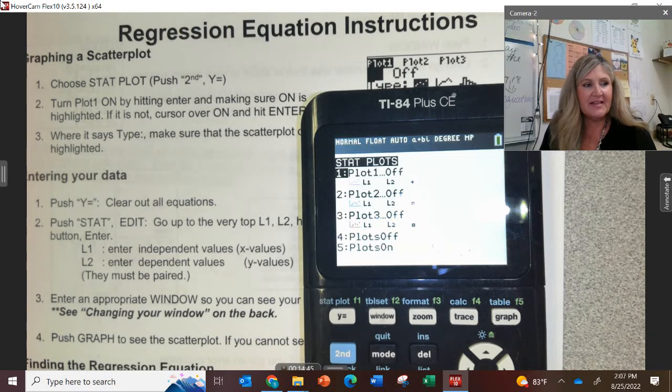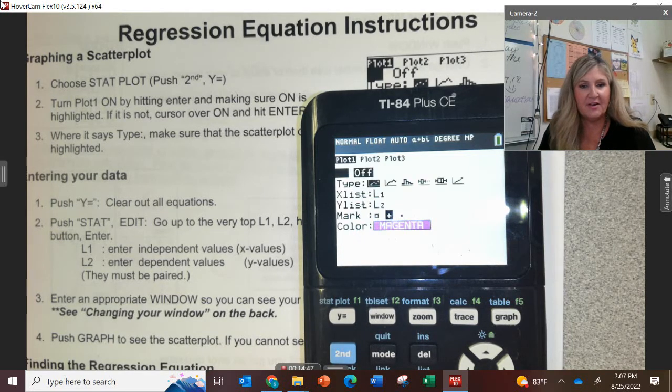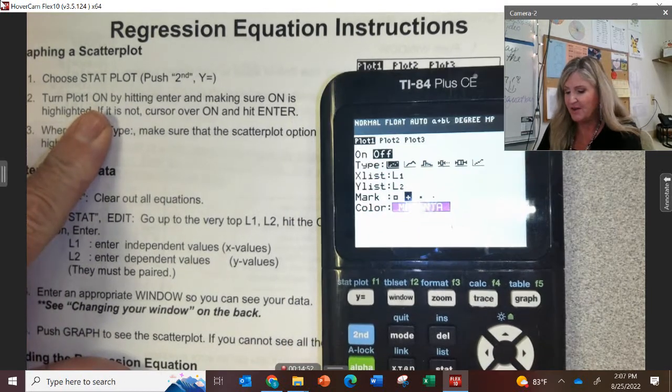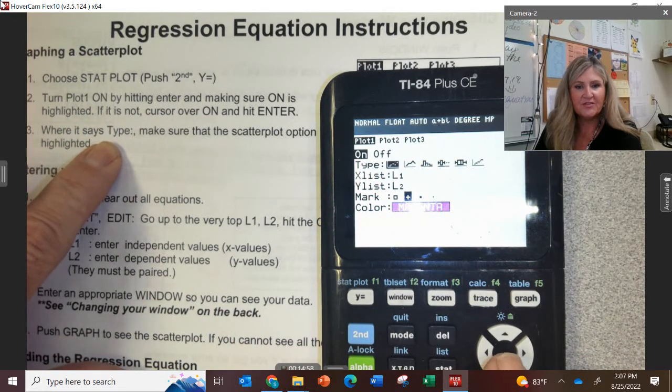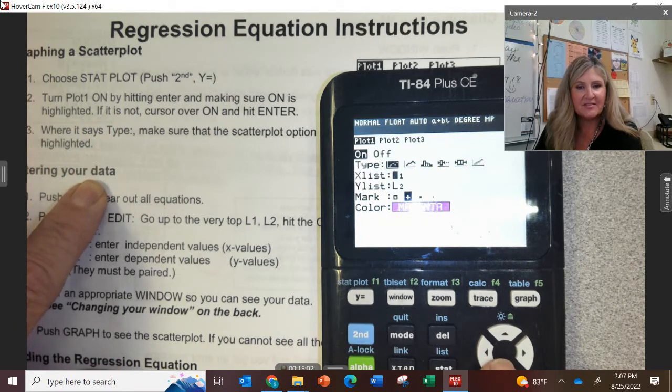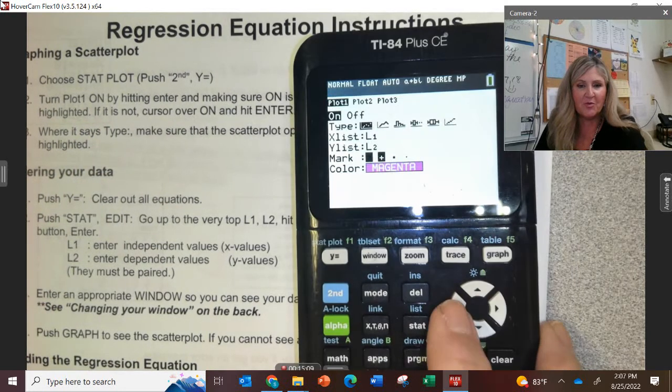So I'm going to hit second y equals, I'm going to hit enter. And I want to turn this on by pushing enter and making sure it's on. We're going to use this first type. I'm going to check my X list. It has to be L1, which it is. My Y list has to be this. Choose whichever mark you want.